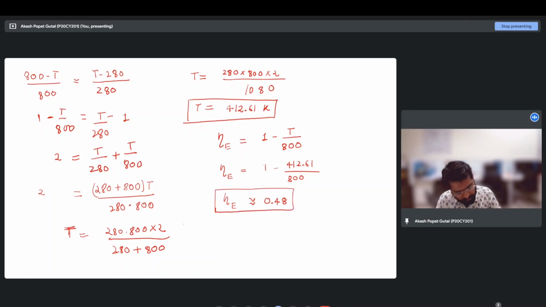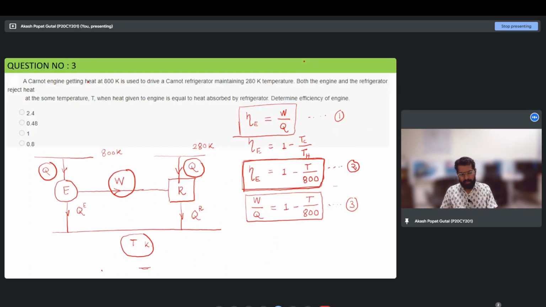So the efficiency that we get is 0.48. The option number B.